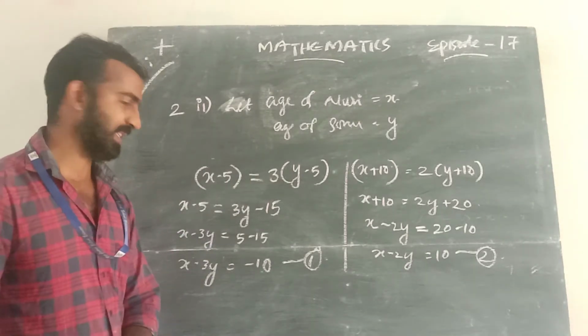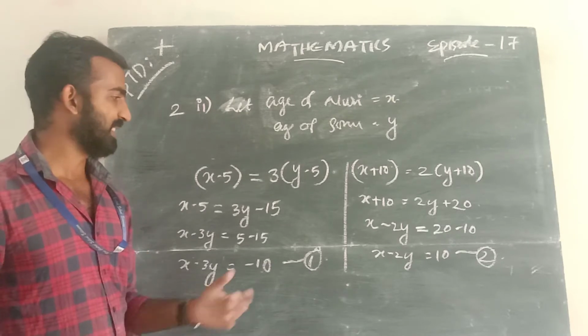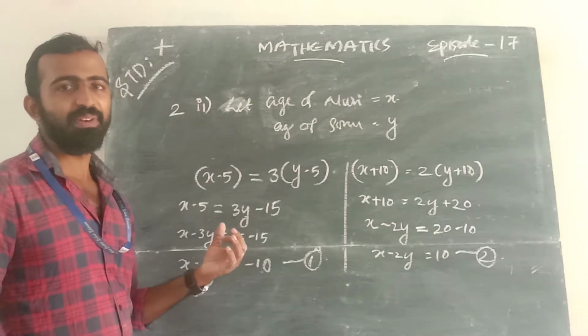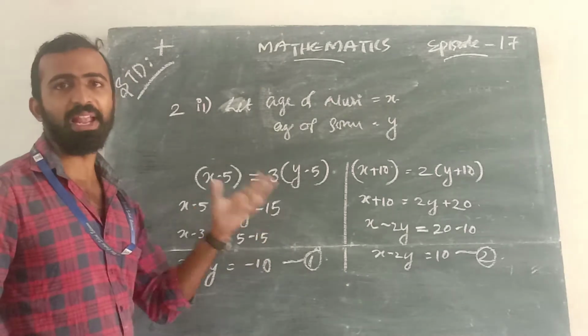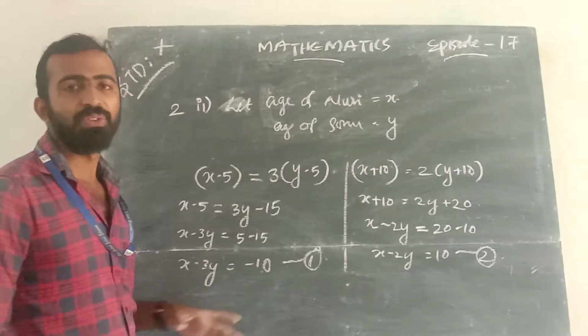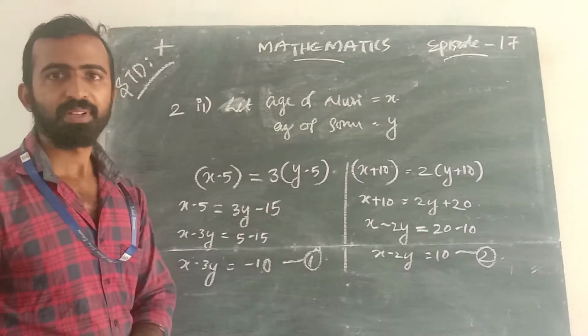Here we couldn't multiply by any number because the coefficient of x is the same.